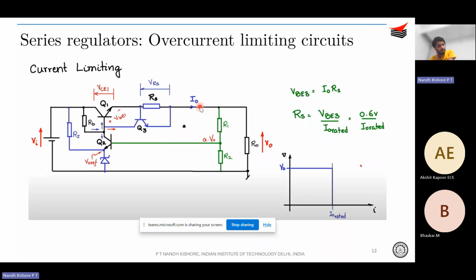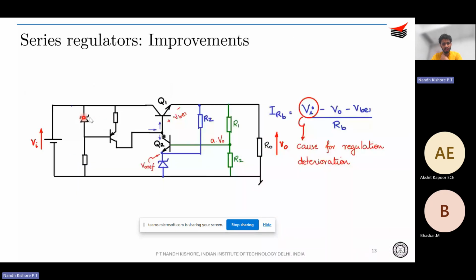And the second thing that we did was we saw that this IB was a constant current source. So we actually implemented a constant current source using a shunt regulator instead of IB.